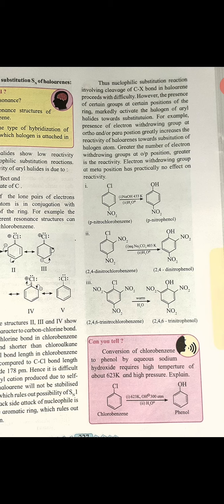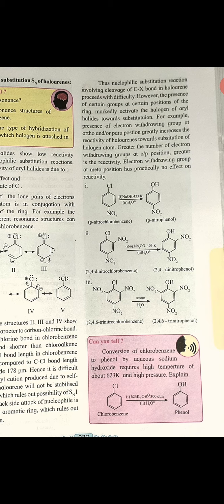And if the electron withdrawing group is attached at the ortho or para position in haloarene, then the nucleophilic substitution reaction proceeds more effectively, because electron withdrawing groups like NO2 stabilize the negative charge on the carbon atom more effectively.